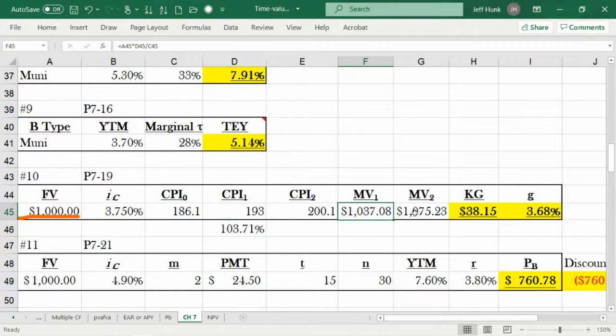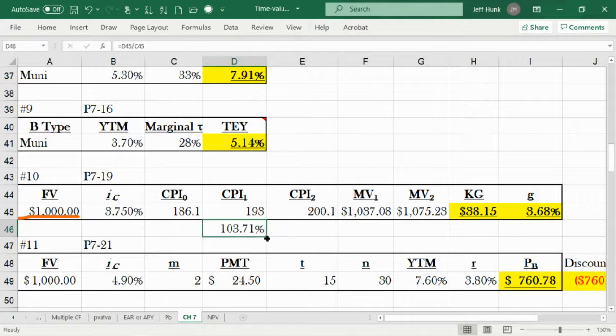And then in the second year, from this to this, you can make the adjustment in two ways. One, you can find the inflation between the end of year one and the end of year two.